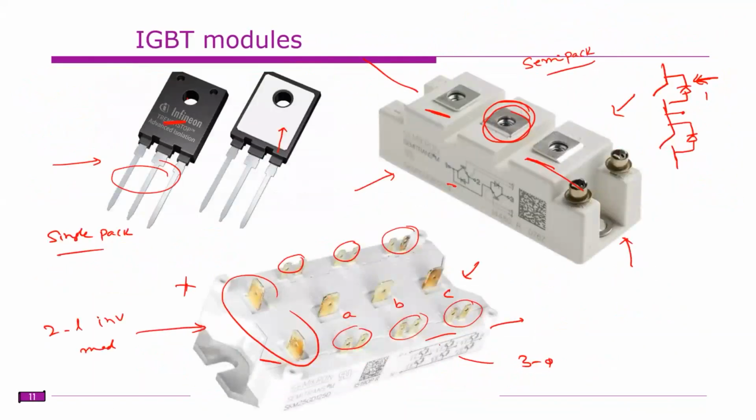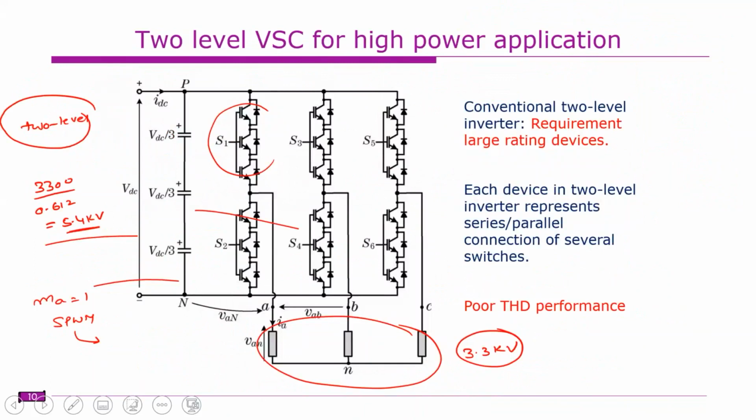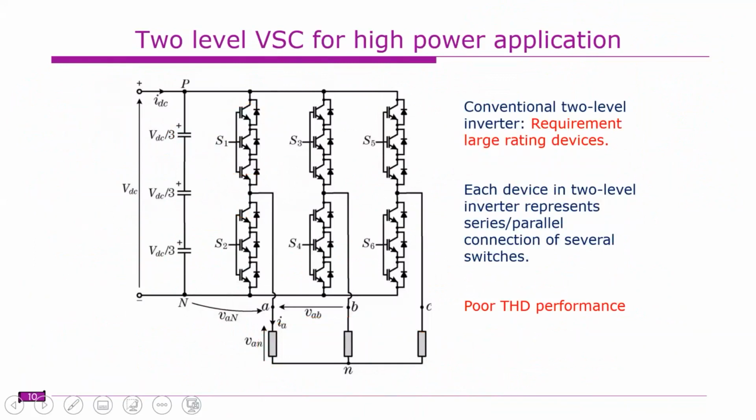Therefore, if you are using a two-level inverter for high power applications, you need to connect several switches in series-parallel. That means each device in the two-level inverter represents a series-parallel connection of several switches, and the gating pulse for all the switches is the same.